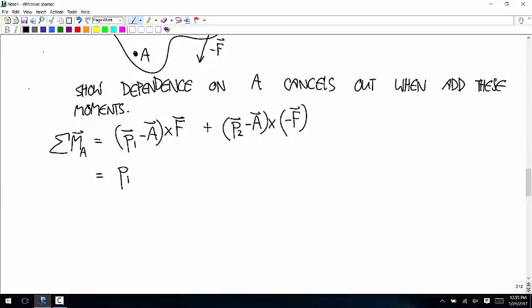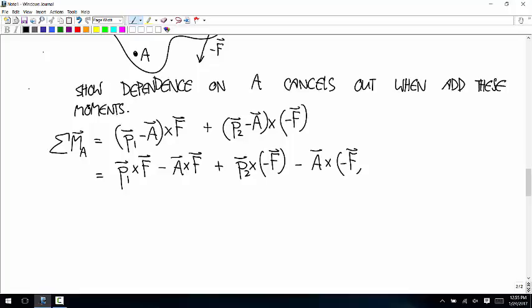This gives us P1 cross F minus A cross F plus P2 cross negative F minus A crossed with negative F. And then we can pull the negatives out for these second two terms.